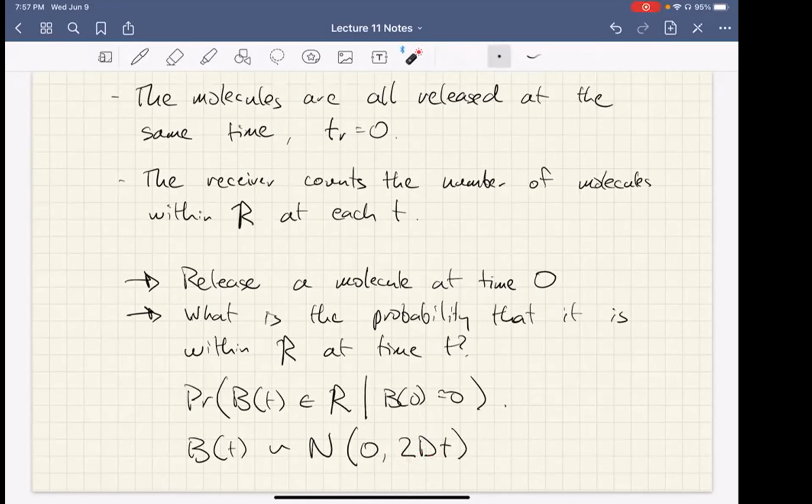2d is then the variance, the fundamental variance of the Wiener process, and t is the time that's elapsed since release.